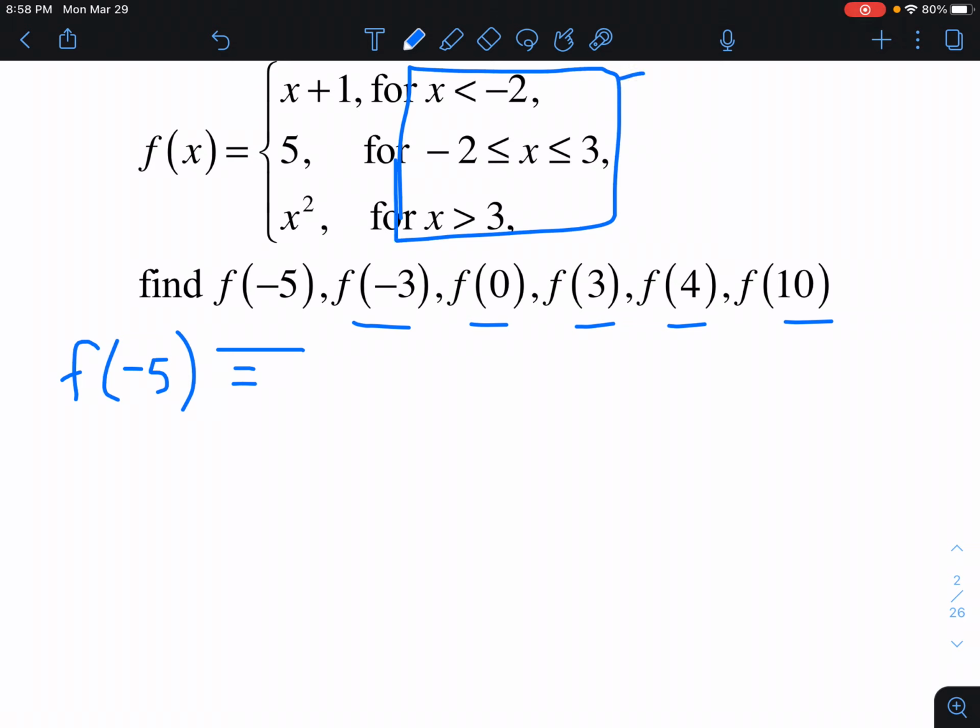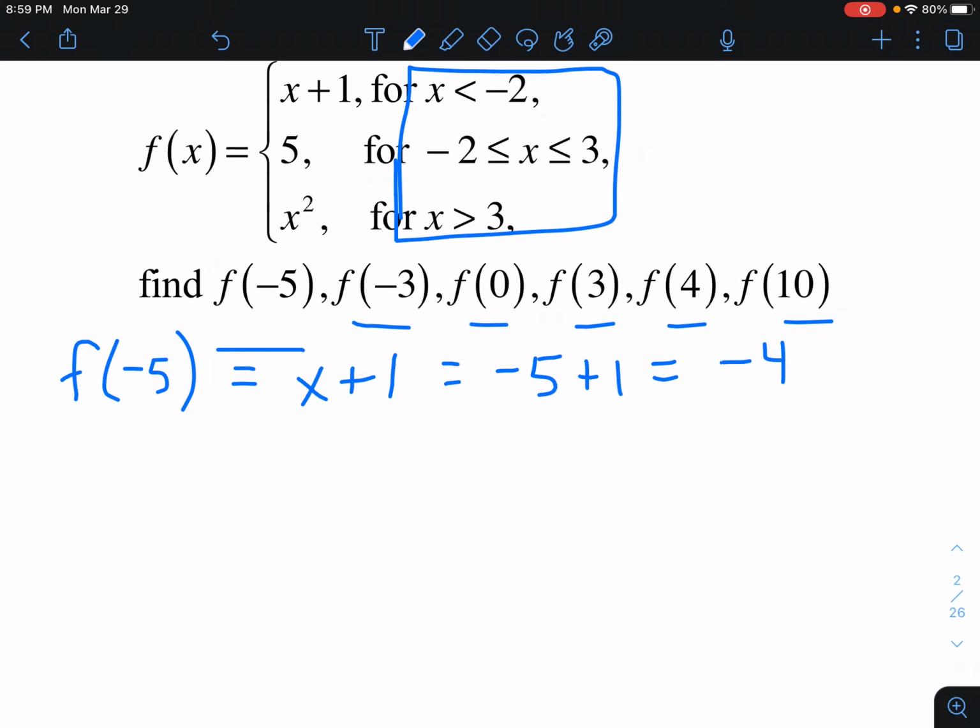You use the first one when your x is less than -2. I am going to use my first one because -5 is less than -2. So I'm going to use x plus 1. I'm going to plug -5 in for x, so -5 plus 1 gives me my output of -4. So f of -5 equals -4.